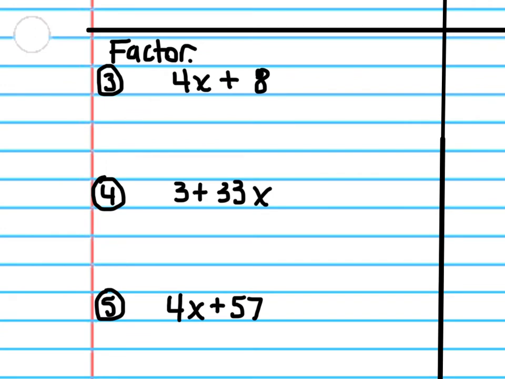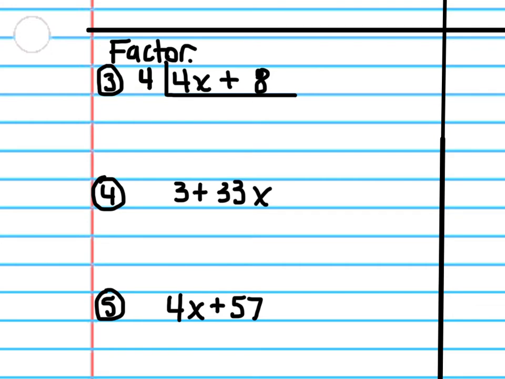Okay, now we're going to look at these expressions and we're going to factor them. This here is known as a binomial because there are two terms. So we're going to use the upside down method again, the dividing method. So here I'm going to put a division, and I have to divide the same number out of these two terms, 4x and 8, and that number is 4.